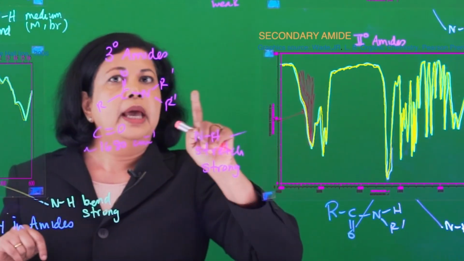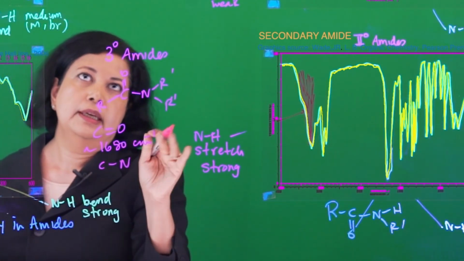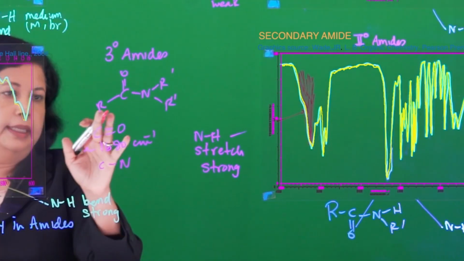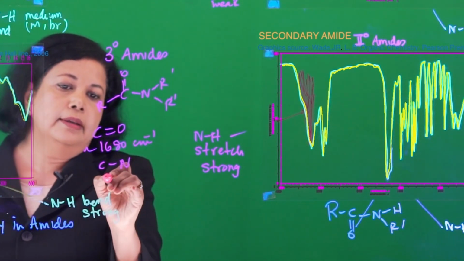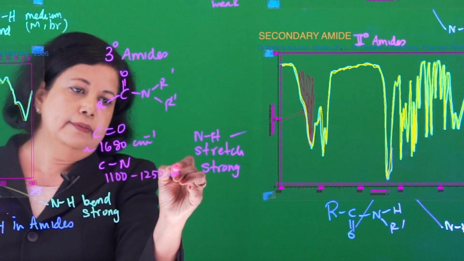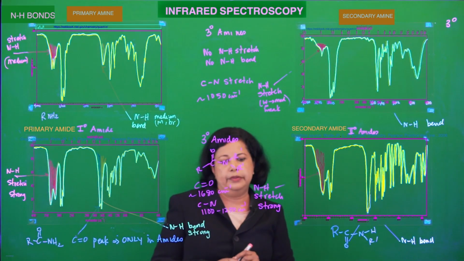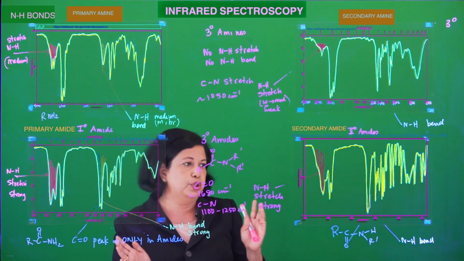And then you would have a CN just like here. The CN is going to be a little bit higher than that, probably around 1100 to about 1250. You'd have a CN for an amide. Okay, so those are some of the things that you would see on a tertiary amide.